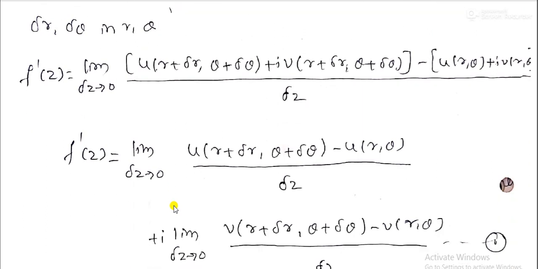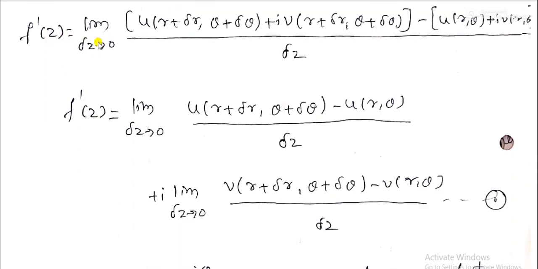So we can write f dash of z is equal to limit delta z tends to 0 of u of r plus delta r comma theta plus delta theta plus i into v of r plus delta r comma theta plus delta theta minus u of r comma theta plus i into v of r comma theta, the whole divided by delta z.